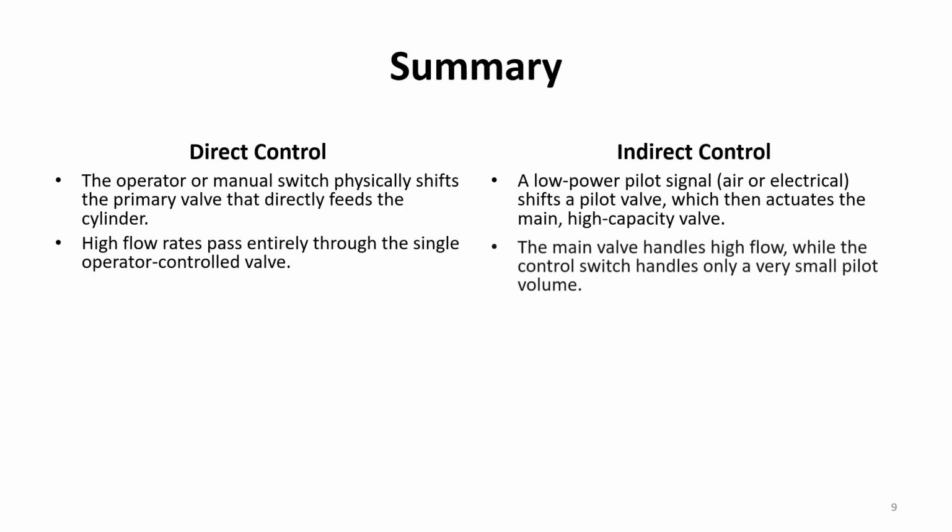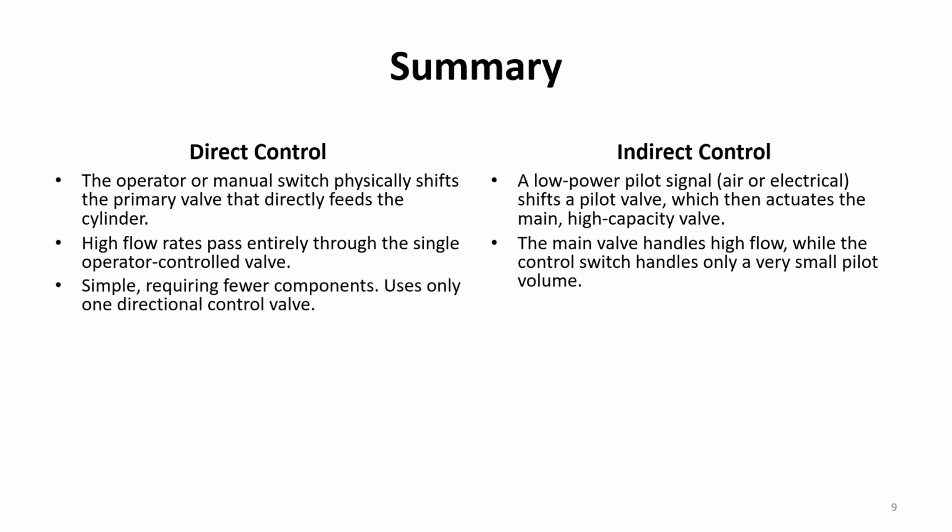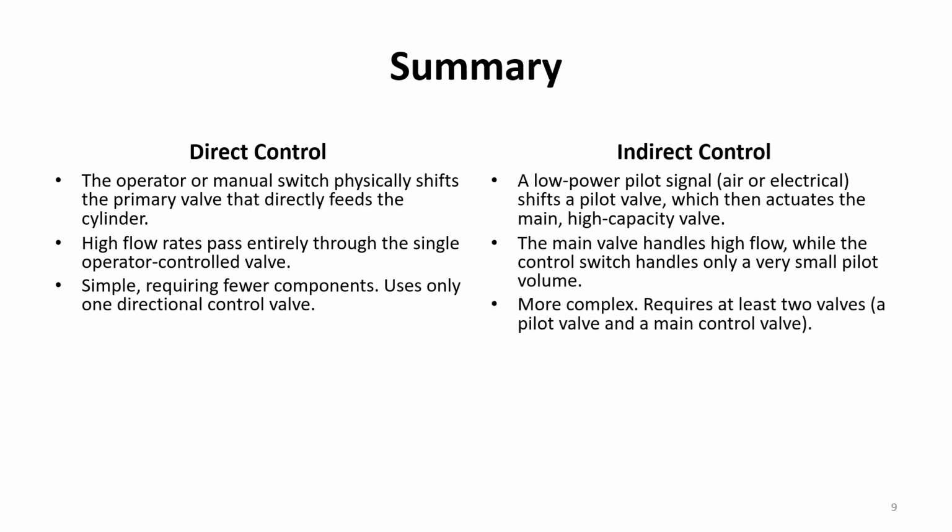Whereas the main valve can handle high flow rate in the case of an indirect control DCV, and the switching can happen only through a smaller, low pressure handling pilot, or a manual switch or manual valve.